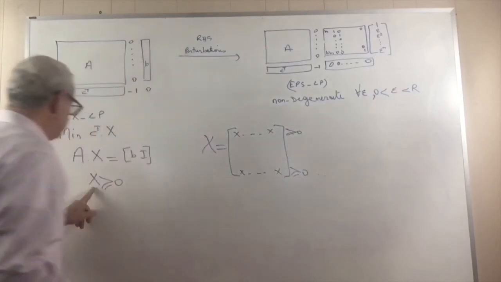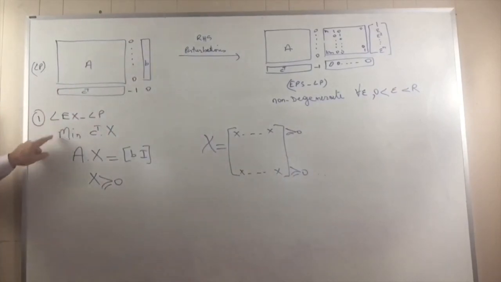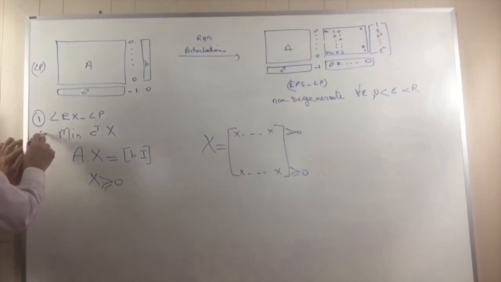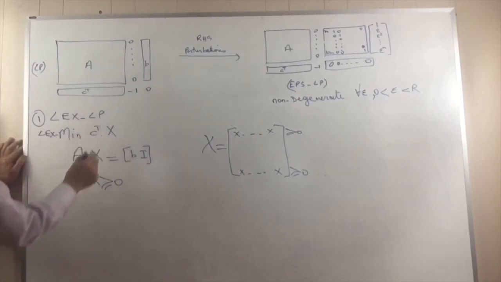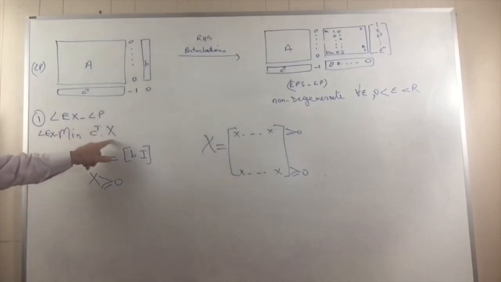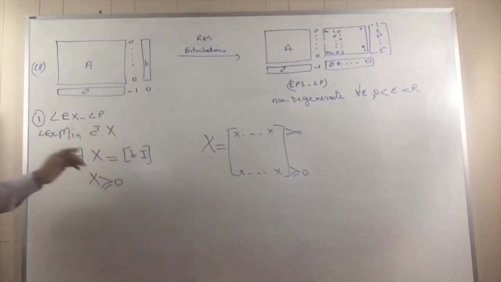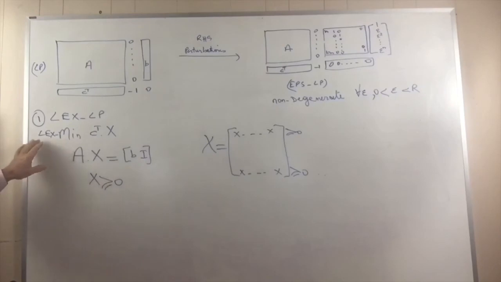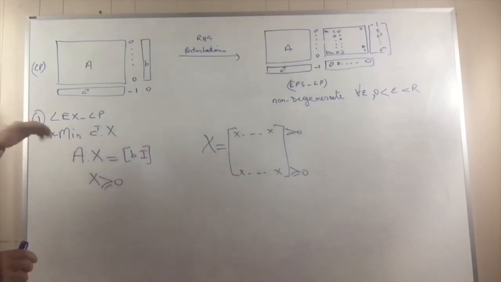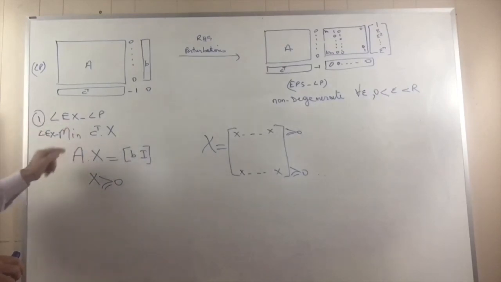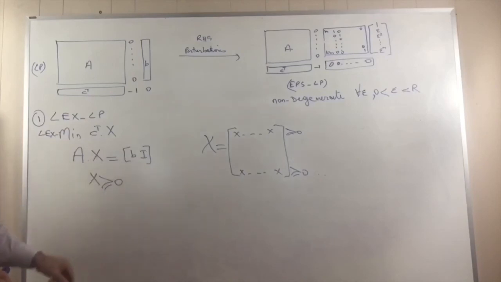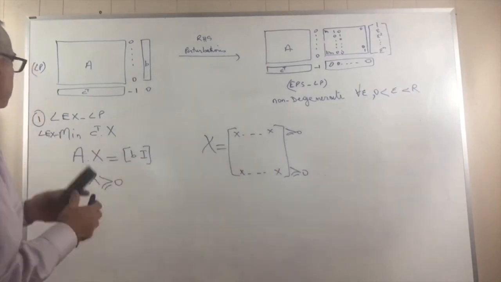That's what this means. And here we're doing the lex min, because X is a matrix, so C transpose X is a row vector. So we want to find the lex minimum of those vectors subject to X satisfying this equation. So this is called the Lex LP.